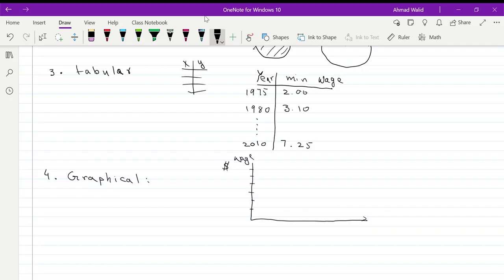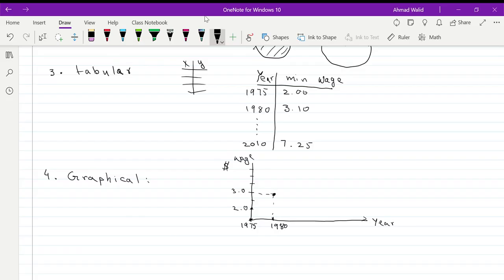Here, years or time. 1975. If I choose 0 as 1975, the minimum wage was 2.0. Correct? In 80s, the minimum wage was 2.5 or 3. Correct? For example, if I name here 3.0, this was your minimum wage.